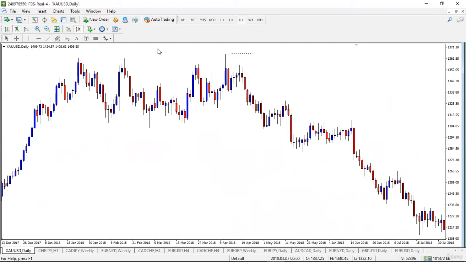Then you have this strong candle going down. This is an impulse. This is a correction. As you can see, this one is not going above the previous high. But after this correction, you get another strong move going down in the direction of this trend.